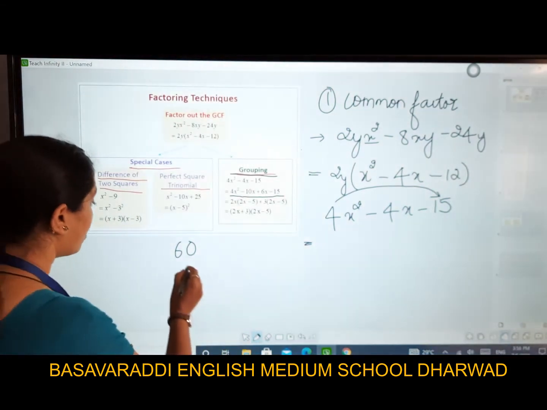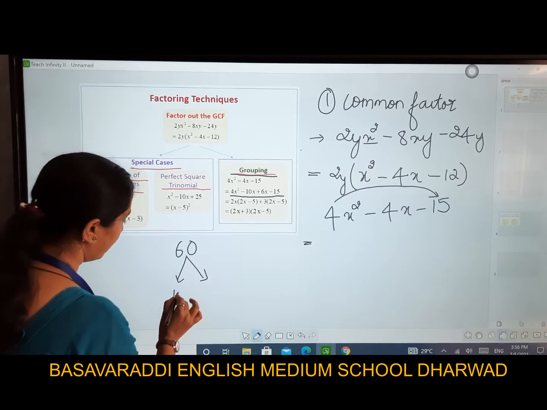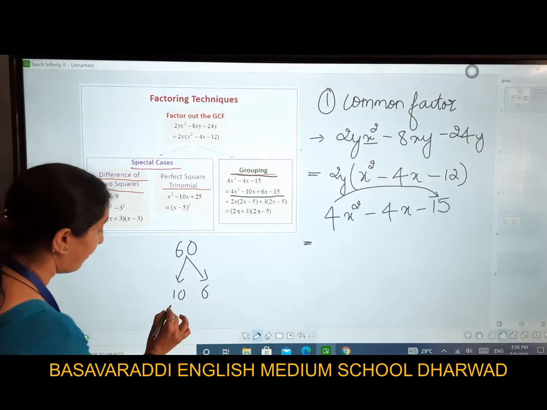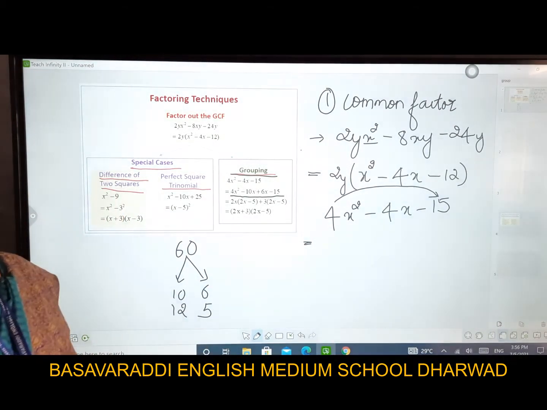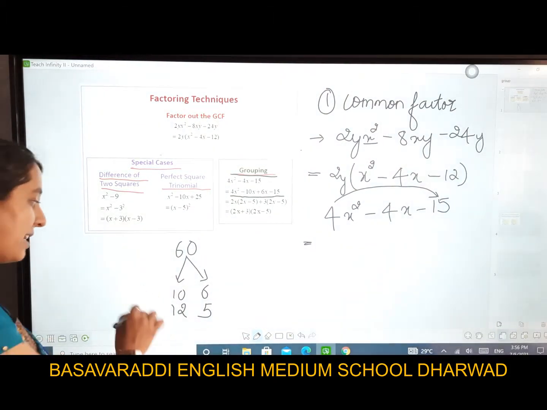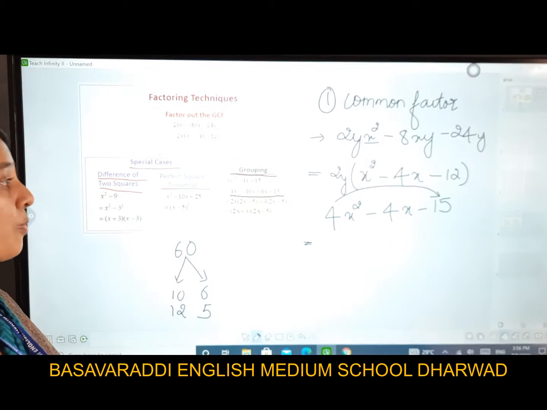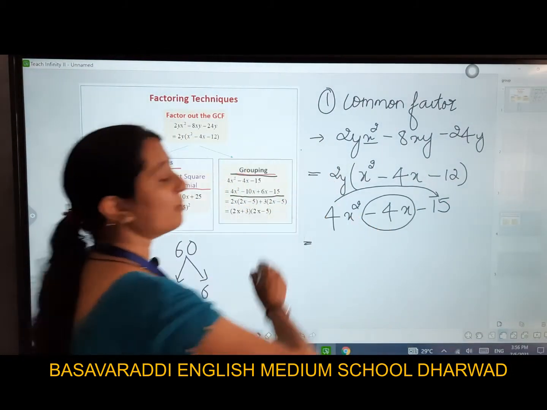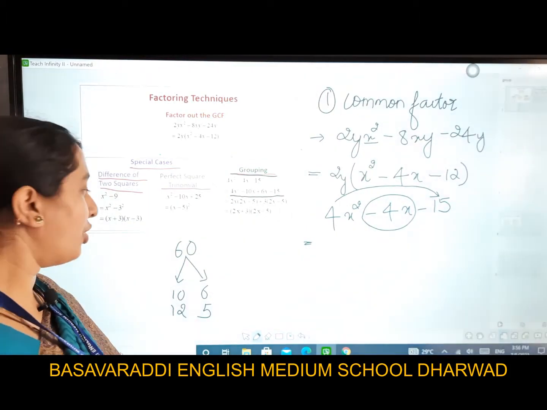When you split 60, 10 6s are 60. Then 12 5s are also 60. But the most important thing here is we should get the middle term as minus 4x.